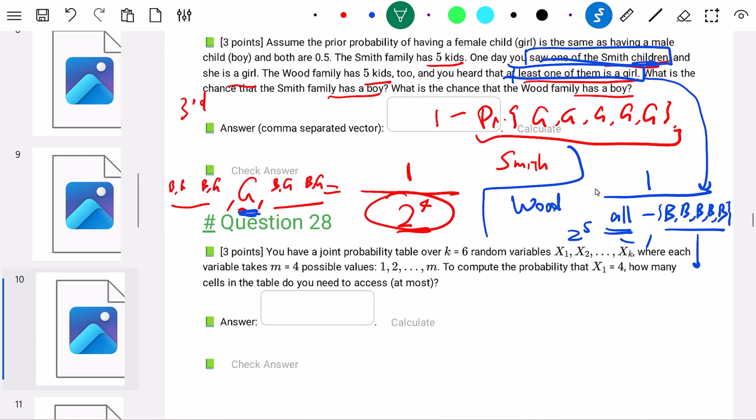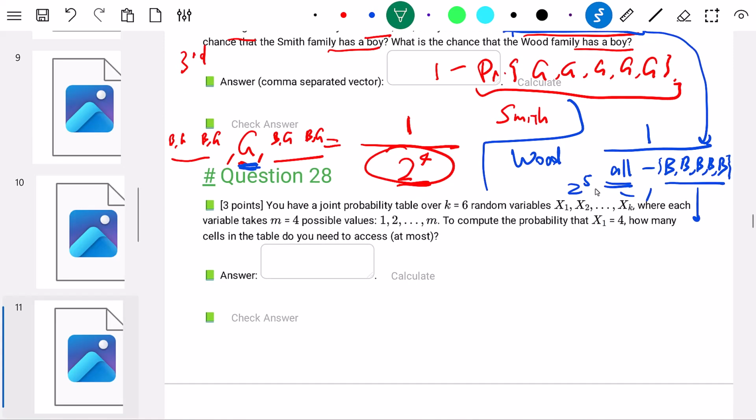Okay, and the next one is you have a joint probability table over 6 random variables. Each one can take on values 1 to 4, and if we want to compute the probability X1 is 4, then what that means is we need to sum up over all possible values of the other variables, so X2 being 1, 2, 3, 4, and also X3, X4, X5, X6, all of them can take on values 1, 2, 3, 4.